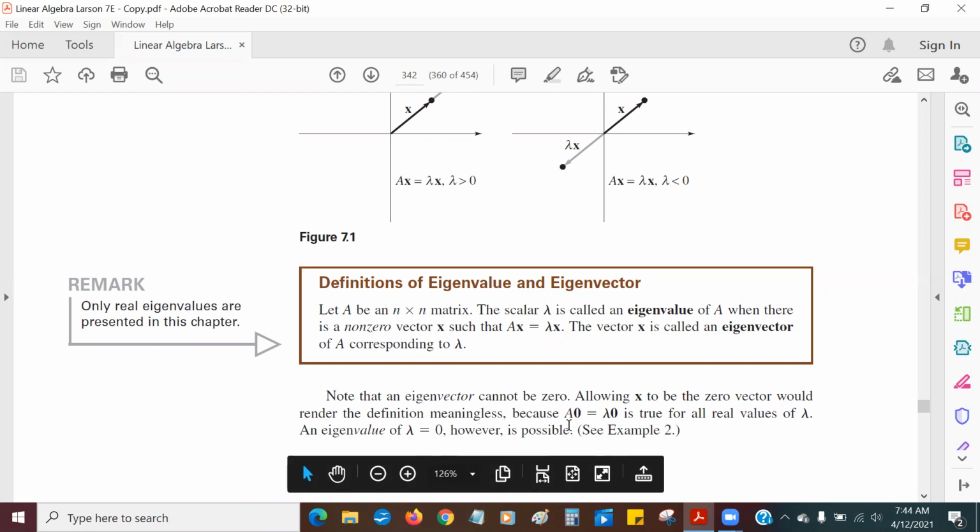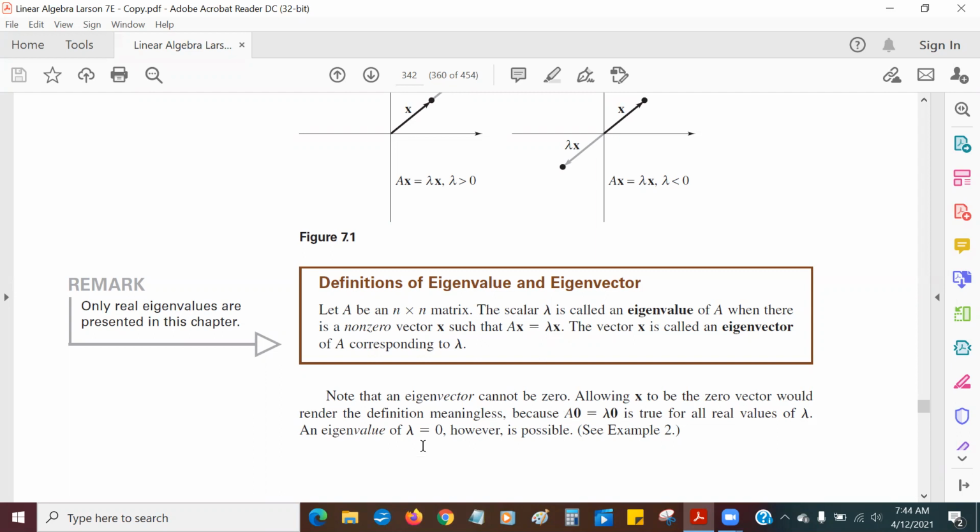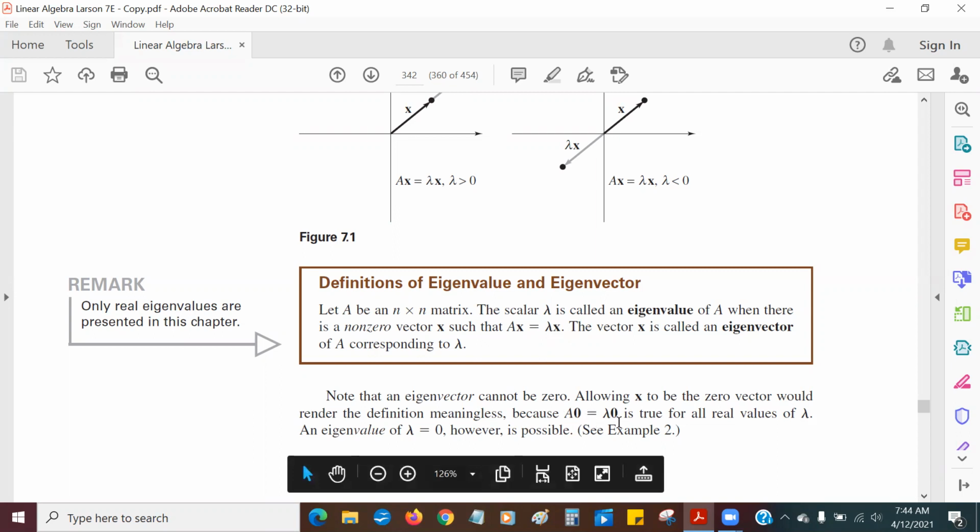A times zero equals lambda times zero. Yeah, 0 equals 0. Nothing to talk about. Now it's possible to have a non-zero x vector but have an eigenvalue of 0. That's possible, but we're not talking about a 0 vector.